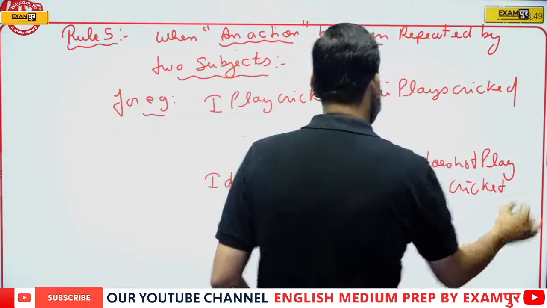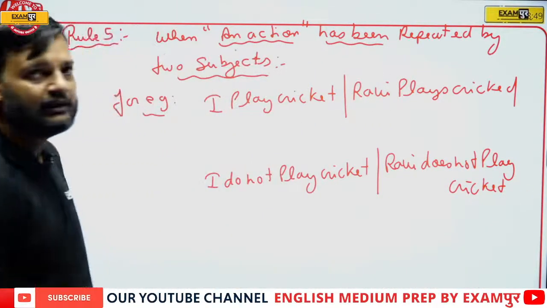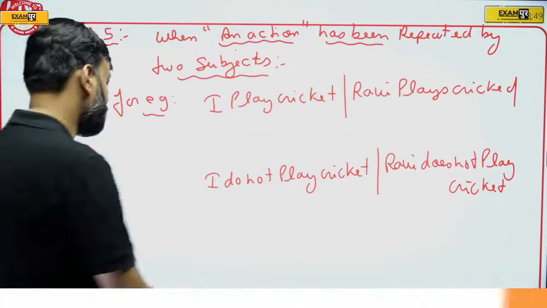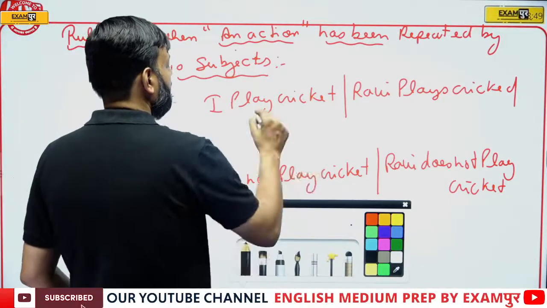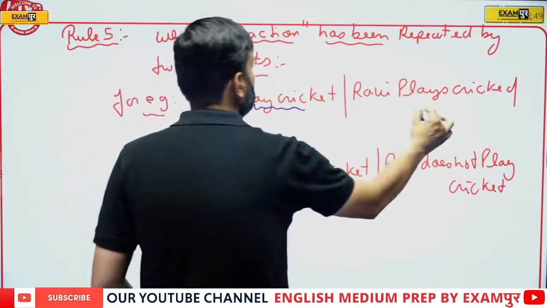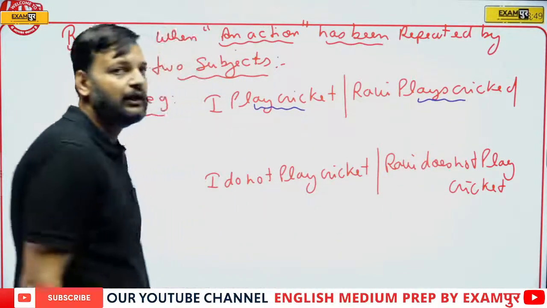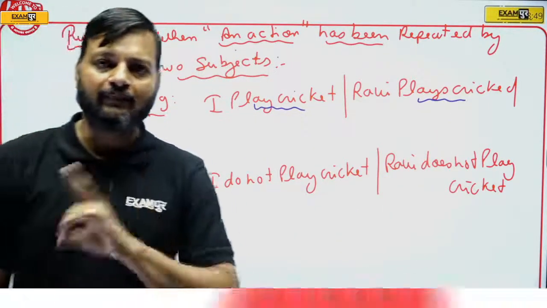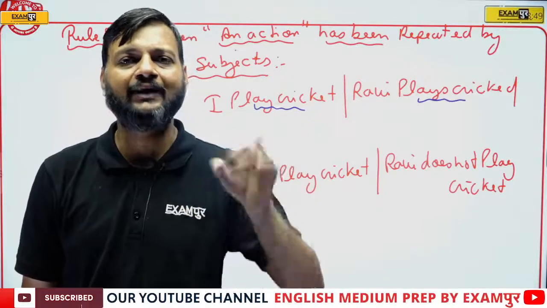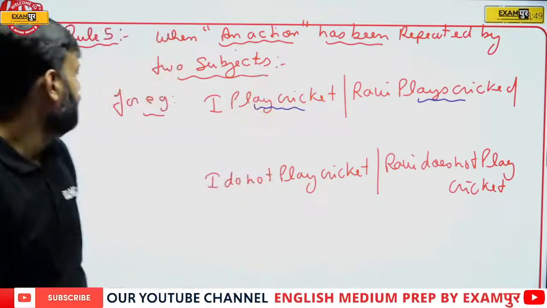So when an action has been repeated by two subjects. Here I am playing cricket and here Ravi is playing cricket. So the action is one, the subjects are two, I and Ravi, but the action is one, playing cricket.